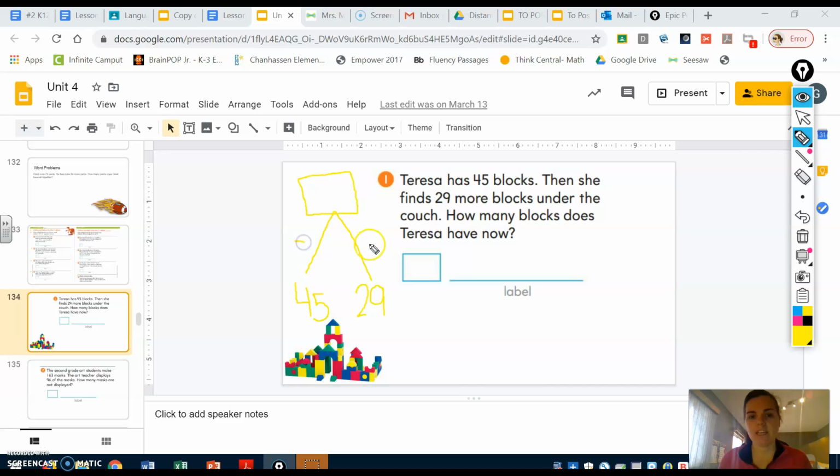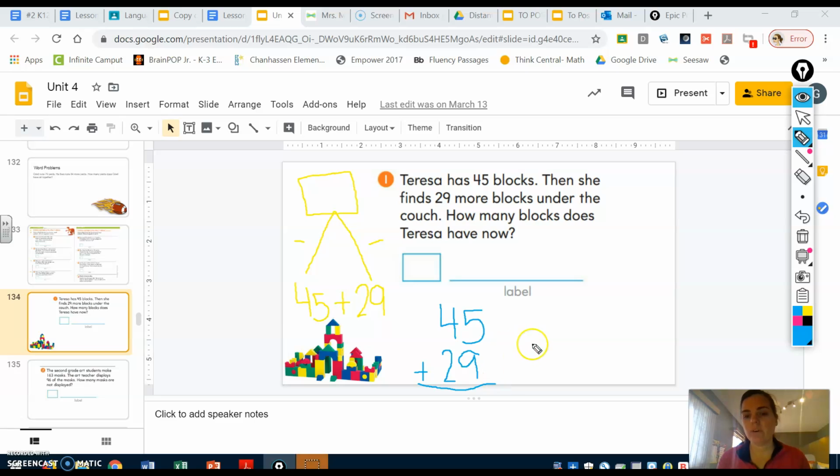I can add my minus and my plus, and I can see I have to figure out what is 45 plus 29. So then I'm going to line up my numbers, 45, and make sure my ones, my tens, and my hundreds, if I have any, are lined up correctly as well. Add my plus sign and my equals.